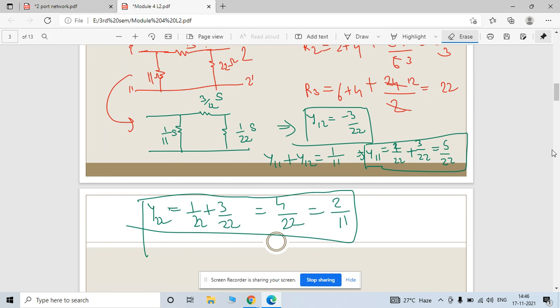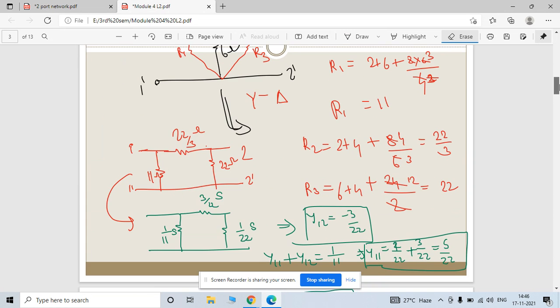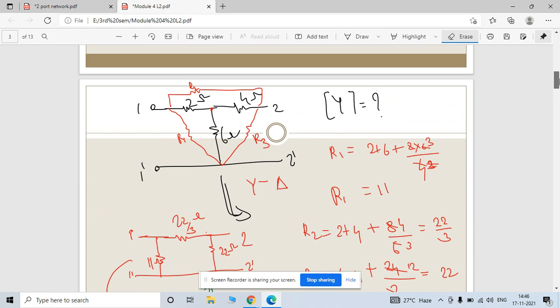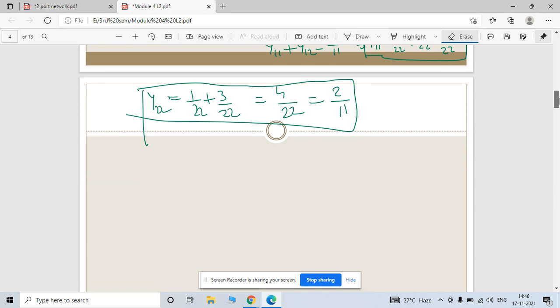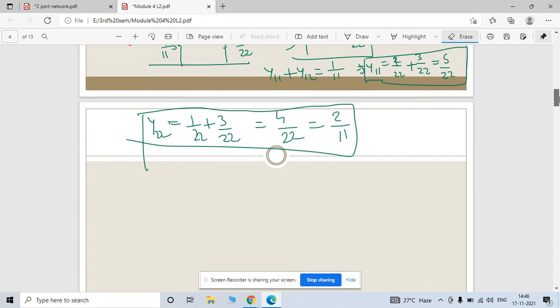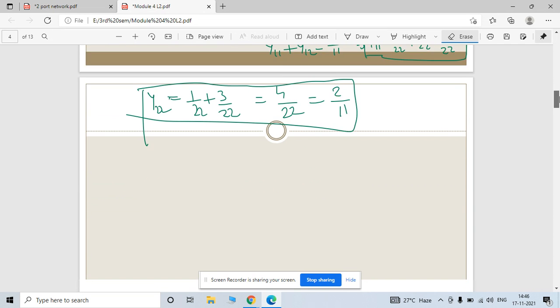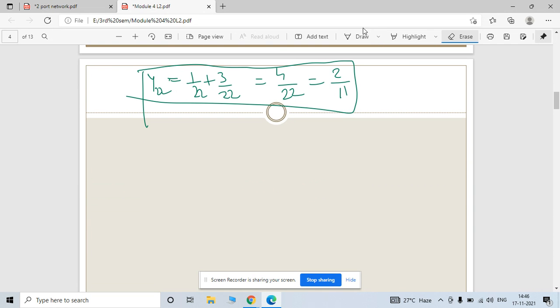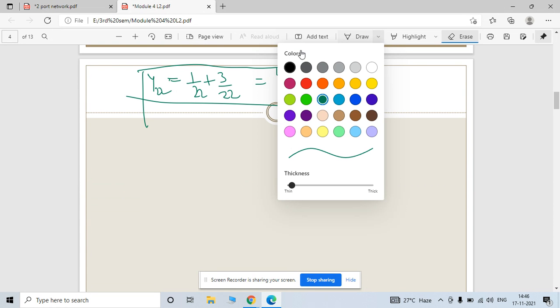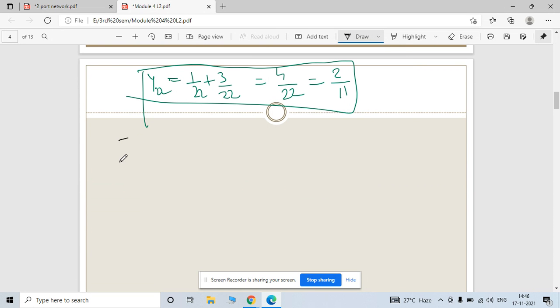So I hope this trick is somehow clear to you. In case of any other question, for example, for y parameter, one more question here. If I want to find the y parameter of this question mark network, tell me what is the value of that y parameter.